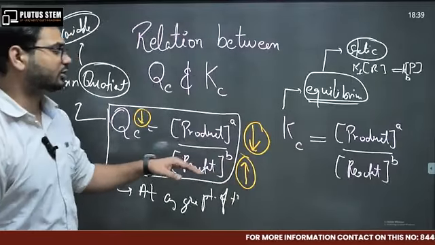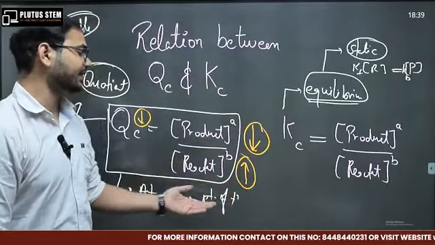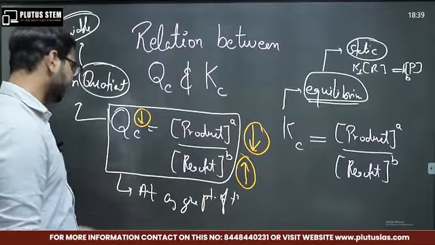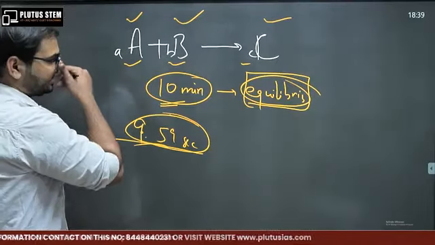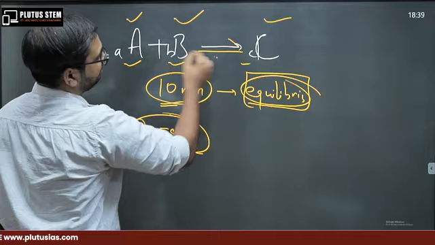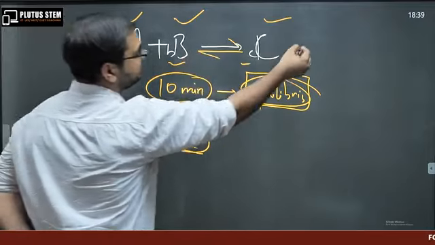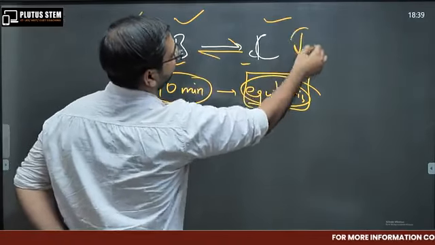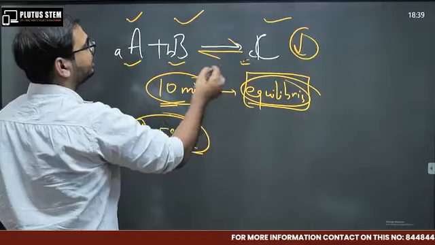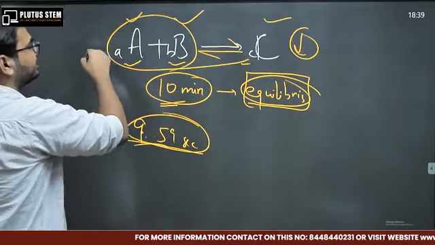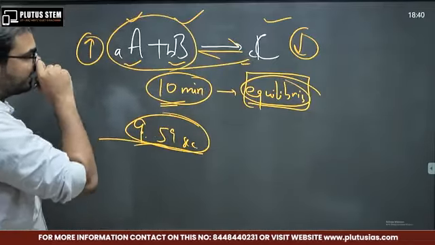Let's say if concentration of product decreases, automatically the concentration of reactant will increase. So for this reaction, which is in equilibrium, the concentration of product can only fall when the product starts to decompose and increases the concentration of the reactant.